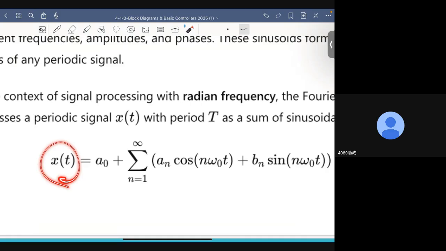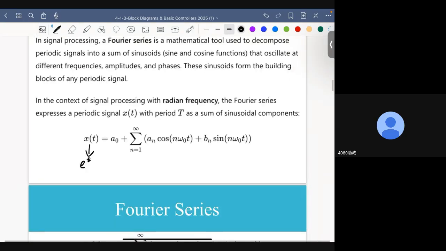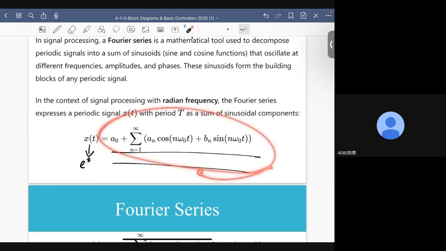Let's say x of t is an exponential function, let's say e to the t. Such an exponential function is well defined. We know its derivative. We know how to integrate it. We know a lot of things about this exponential function. If this is the case, why do we want to have its Fourier series representation?